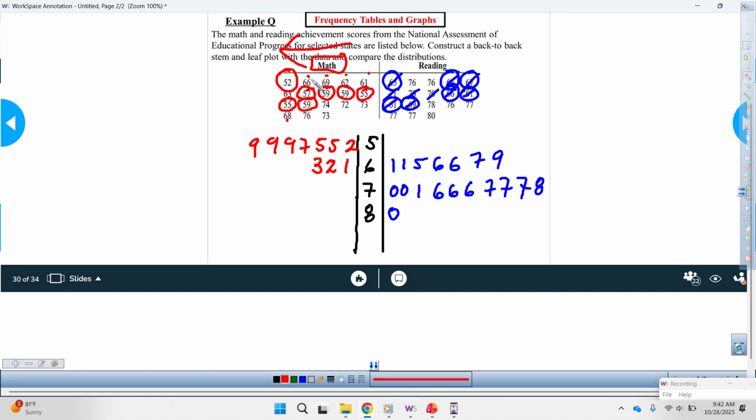Then we got 66. 68. And 69. From there to the 70s. In the 70s we got 74, 72, 73, 73, 76. So I'm going to do 72 first, then 73, then 74, then 76.